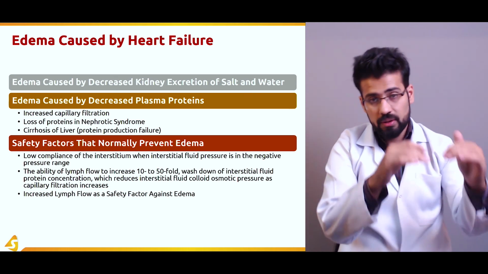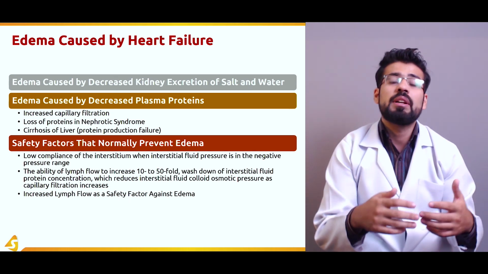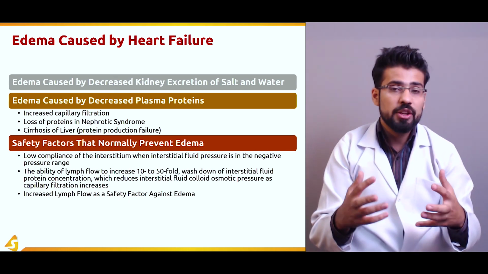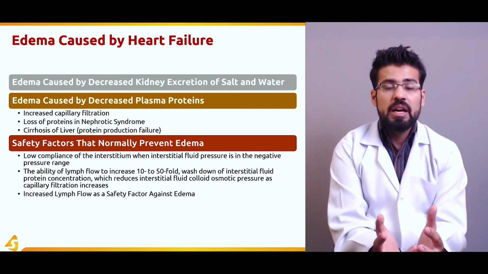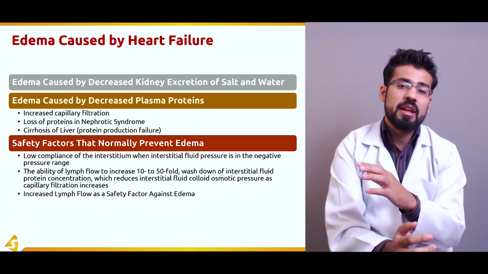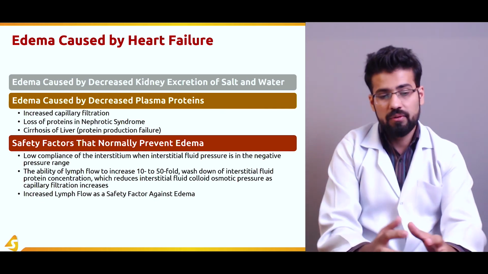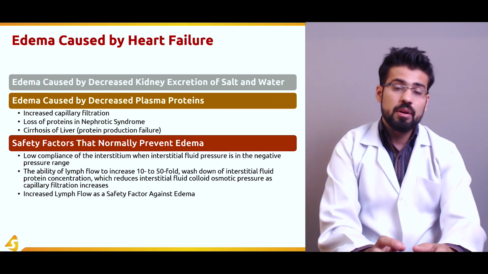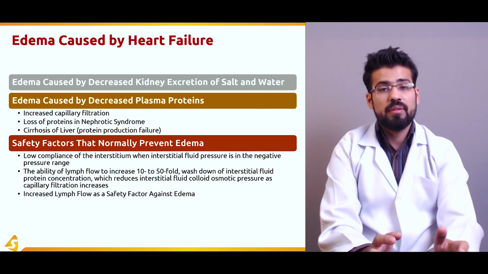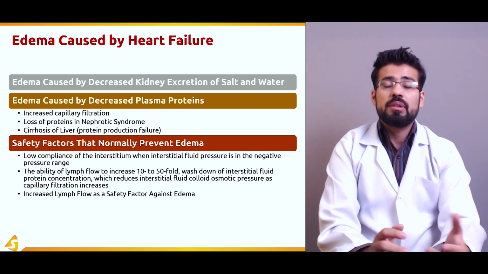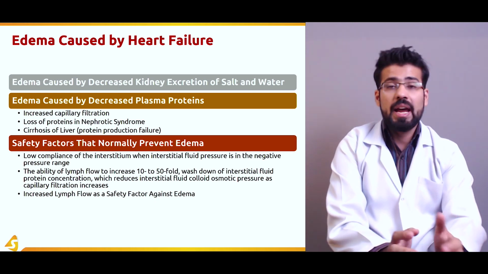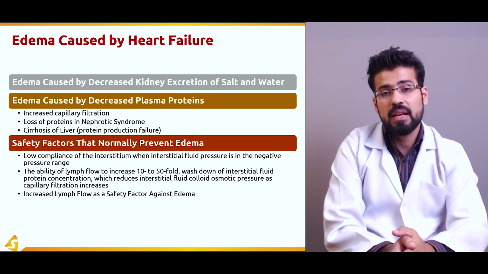When the protein concentration in the interstitium decreases, water which has been accumulated in that compartment moves out, thereby preventing the occurrence of edema. So this is the most important factor towards the prevention of the establishment of edema. This increased lymph flow acts as a safety factor against the edema.